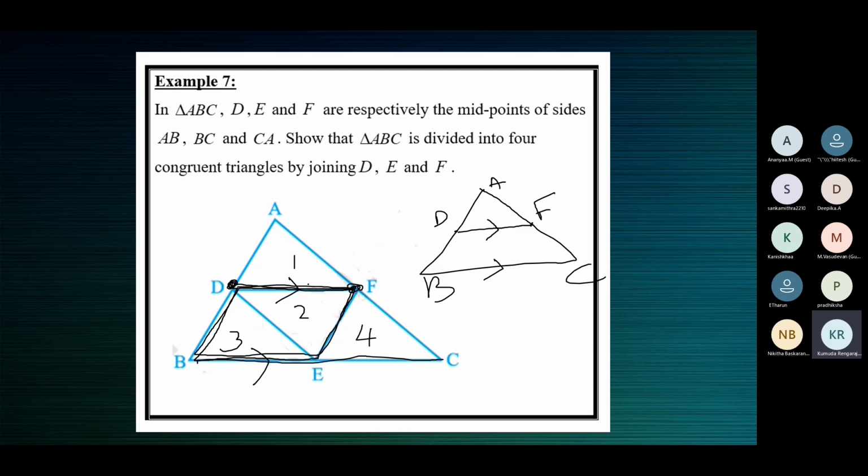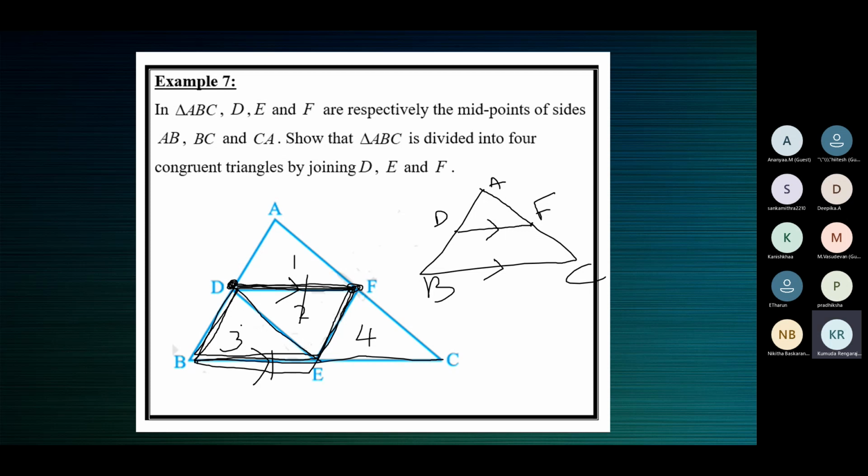So by the midpoint theorem, we prove that opposite sides of quadrilateral DBEF are parallel and equal. So DBEF is a parallelogram. The procedure is to first prove that DBEF is a parallelogram.